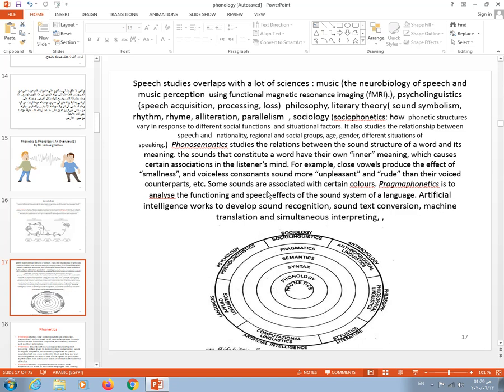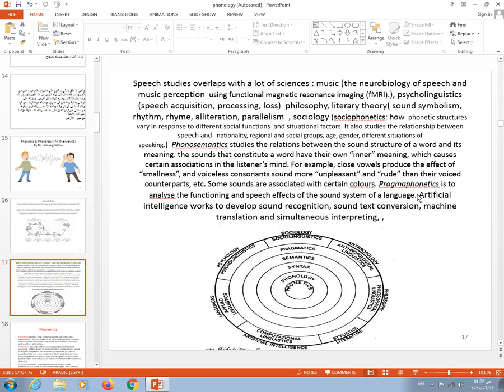Also, sounds are associated with certain colors, and phonosemantics deals with that, and how colors are processed and what meanings and connotations each one develops in a particular society.